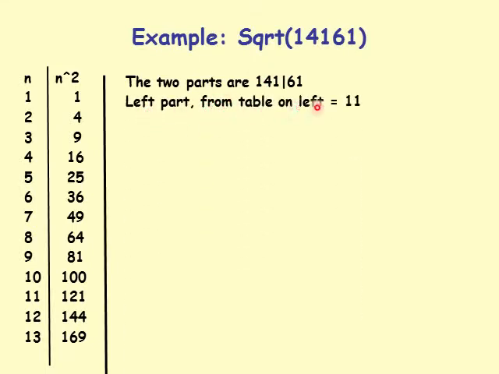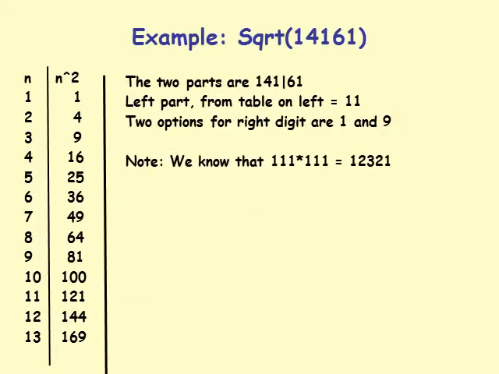The left part from the table is 11. 141 is between 121 and 144, and 11 is the digits for the square root on the left. The right digit is 1 here. 1 appears against the square of 1 and also against the square of 9. So the options for the right digit are either 1 or 9. And 1 and 9 are 10's complement of each other. 1 plus 9 is 10.